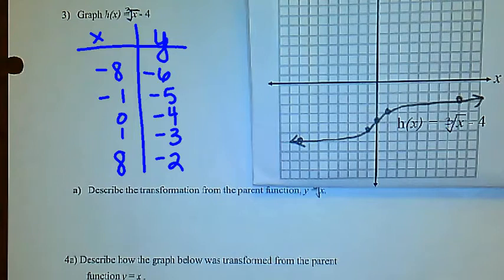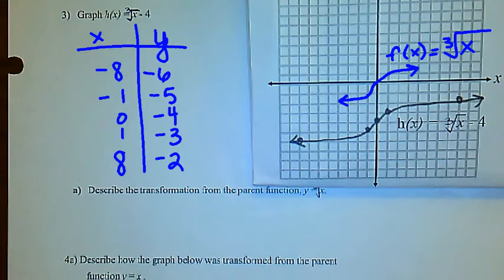Okay, so describe the transformation from the parent function. So if I were to draw the parent function, I'll just do a small little sketch. That would be, we'll say f of x is equal to the cube root of x.